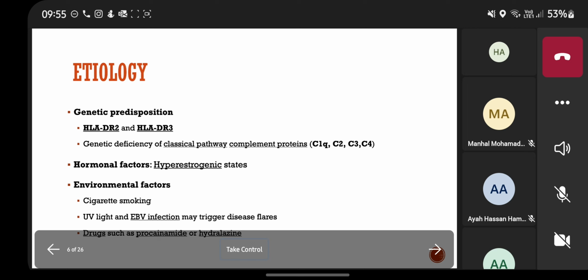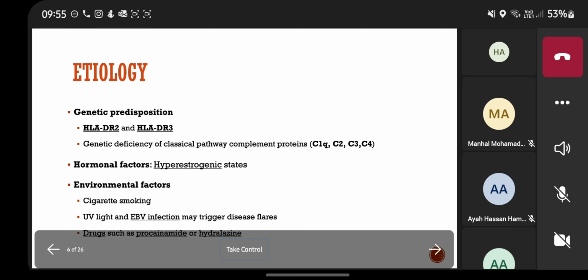The patient may be a smoker, exposed to UV light, or have Epstein-Barr virus infection, and has a genetic predisposition to develop this disease, like HLA-DR2 or HLA-DR3, or a genetic deficiency of the classical pathway complement protein, and she's female and has hyperestrogenic states. So that's why some people develop SLE. But the exact cause is unknown.